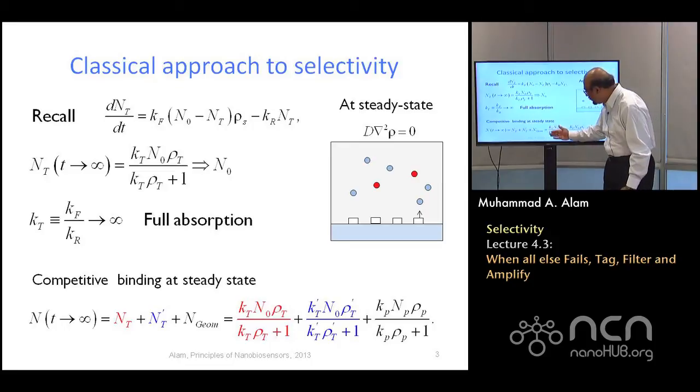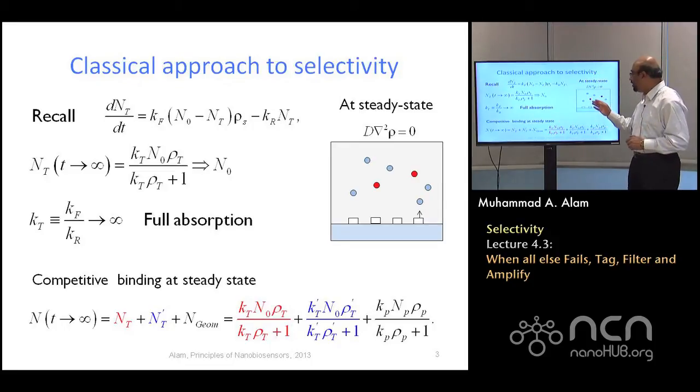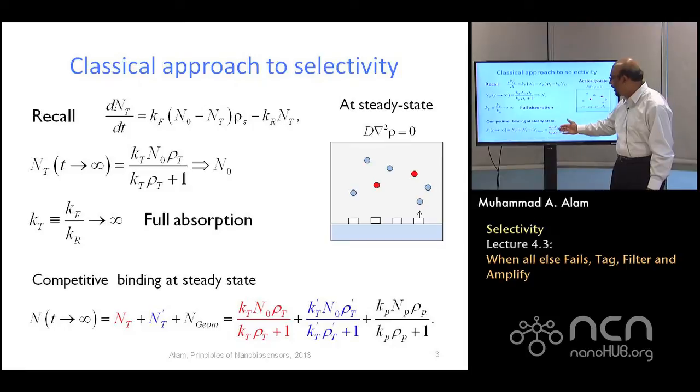And that's the red term in here that says that if the red molecules were there alone, there were no parasitic blue molecules around, then the signal would be 100%. That's the red term, because that would be the saturated density term when biomolecules simply come and attach to the sensor surface.